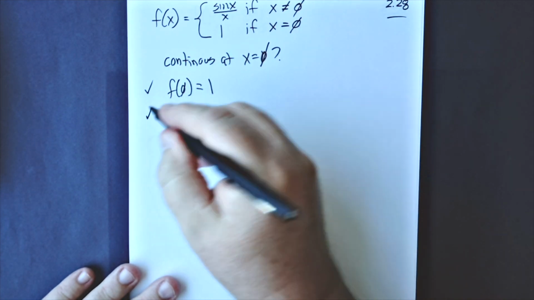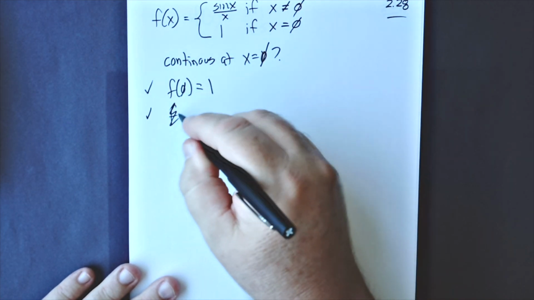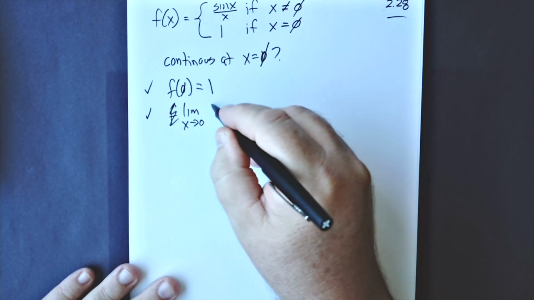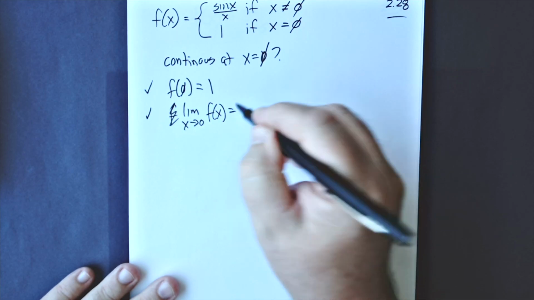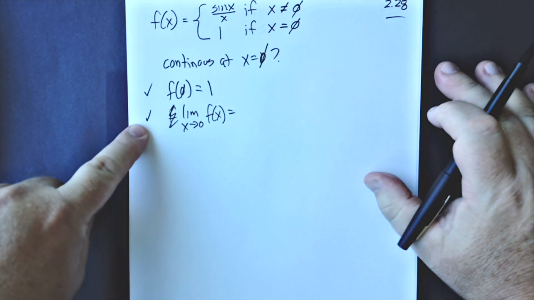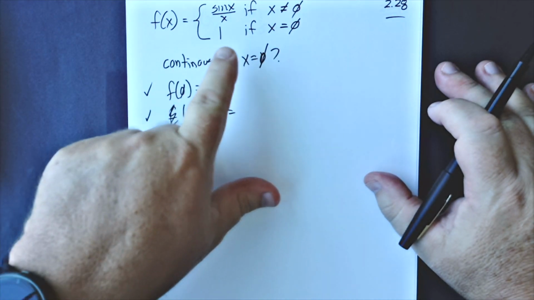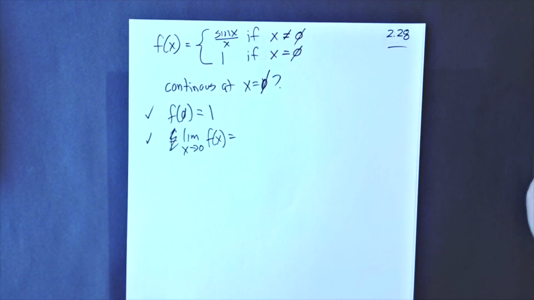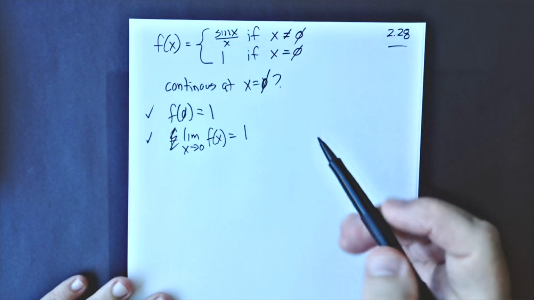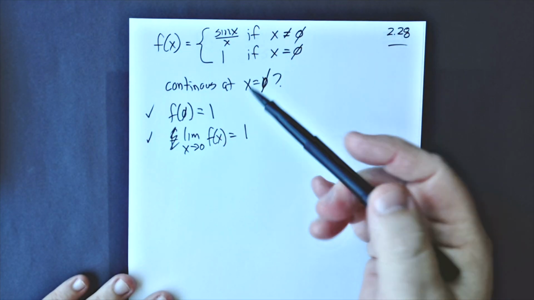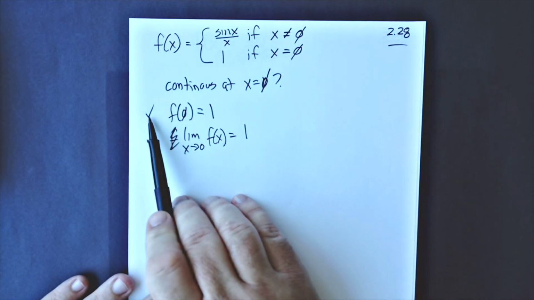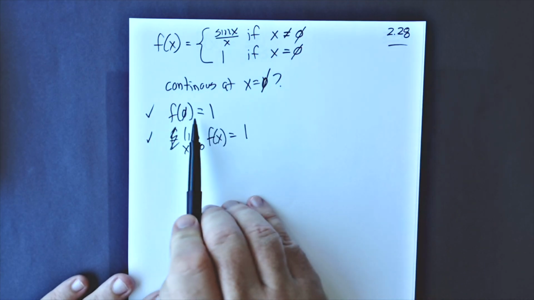And then the second one is, what is the limit as x approaches 0, the two-sided limit? We've already evaluated this, my friends. You know what this is. We did the table with this. So this goes to 1. We've already done that work, so we know. So now look, is the function defined at 0?